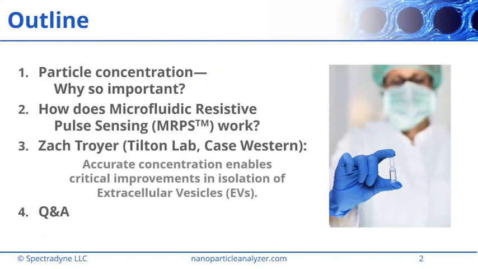And then two, we'll talk a little bit about Spectradyne's technology, microfluidic resistive pulse sensing, and how it delivers more accurate particle concentration than other techniques. And then we'll hear from Zach Troyer from the Tilton Lab at Case Western Reserve University. And he'll describe a case study where being able to obtain accurate concentration enabled important improvements in their extracellular vesicle isolation methods. Then we'll open up to answering questions from any of you.